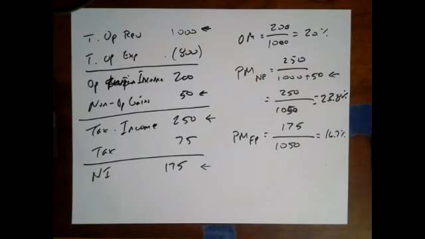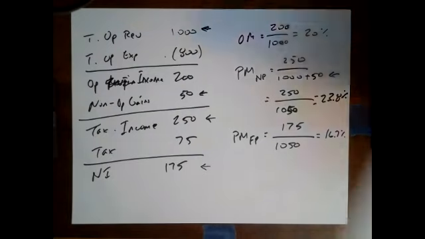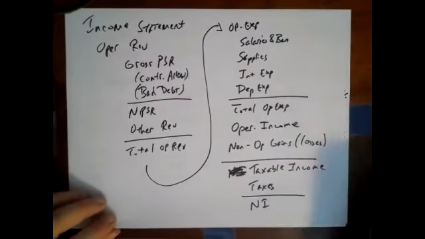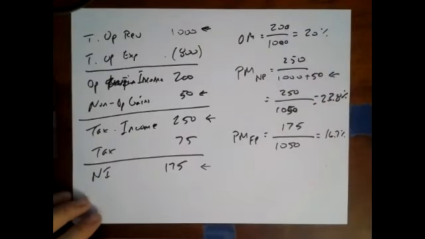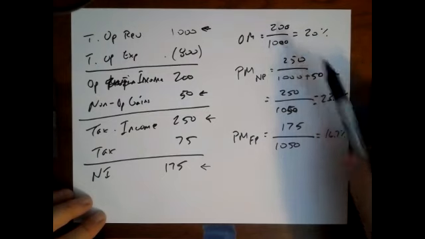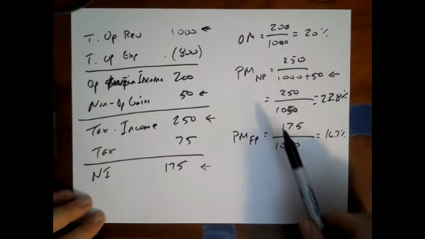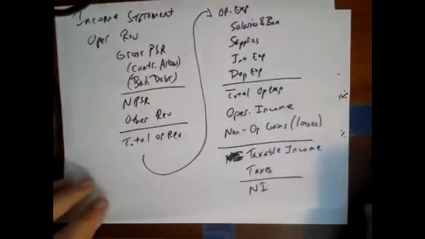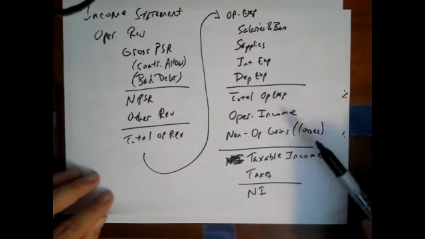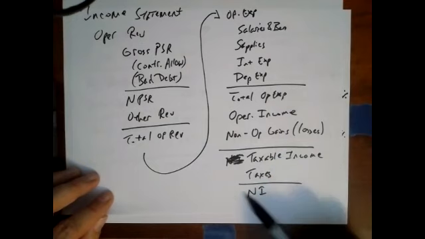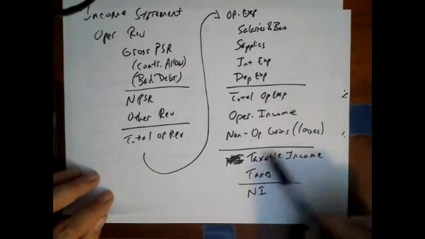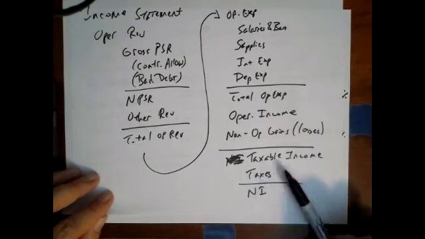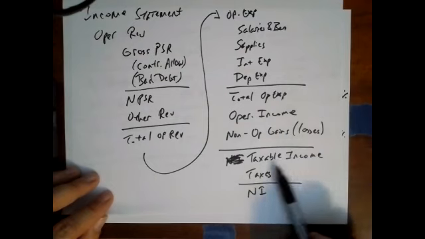Okay, so that was just a quick review. That's both a quick review of the income statement, a quick review of operating margin and then profit margin, as well as taxes for a for-profit entity. So the difference between for-profit and not-for-profit is down here at the end of the income statement.